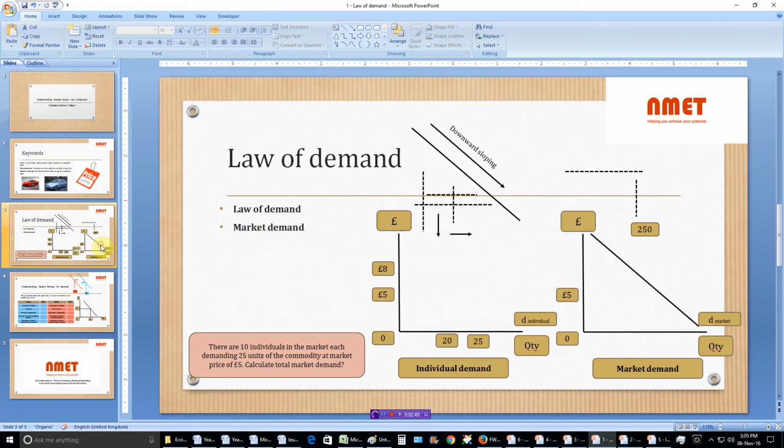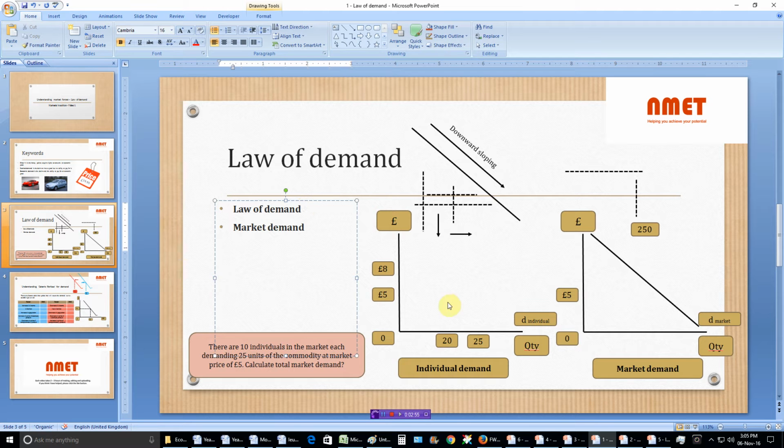Continuing on this, we then explore the law of demand. Do you understand what the law of demand is? Okay, give it a shot then. The law of demand is something which is demanded by the people.